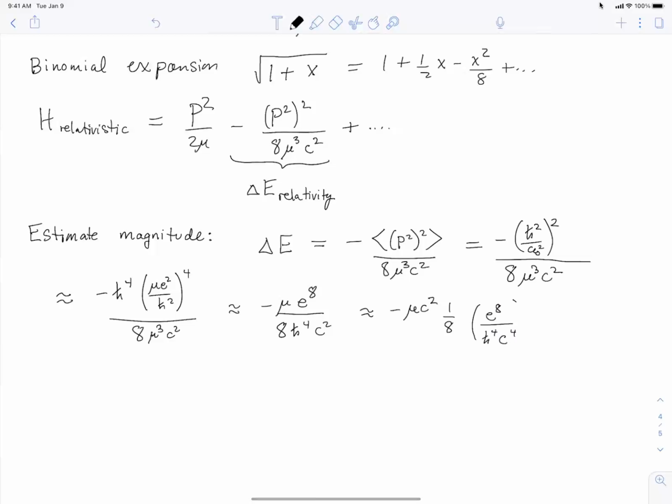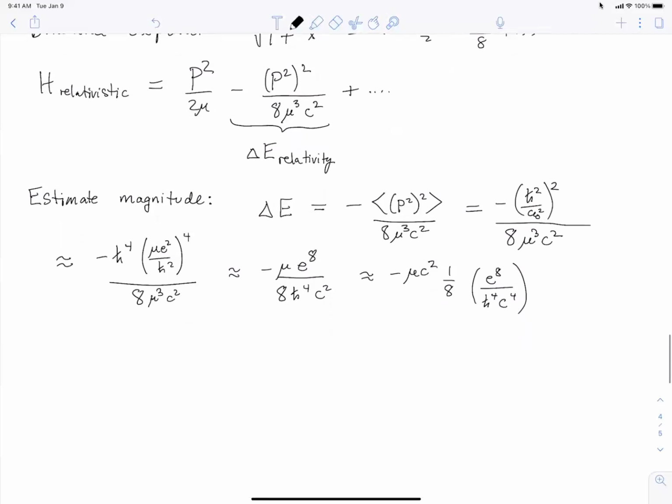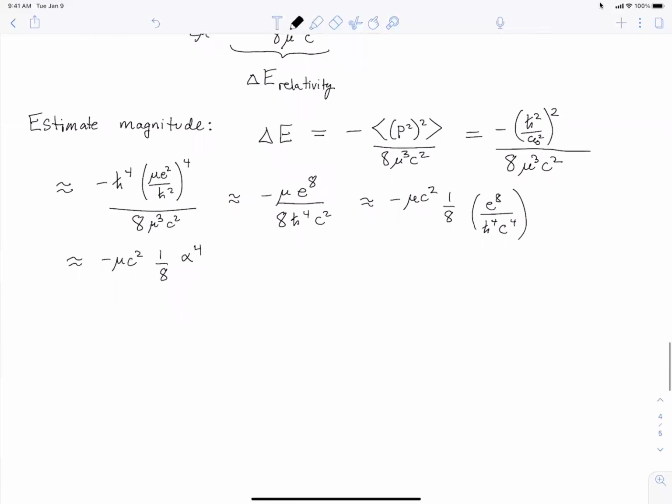And the reason for writing it that way is that's the fine structure constant to the 4th power. So this is all the rest energy of the electron times a factor of 1/8 that we really shouldn't perhaps have kept track of, times the fine structure constant to the 4th power. So that's a really small number. And the 1/8, as I keep mentioning, is not something we should take too seriously.